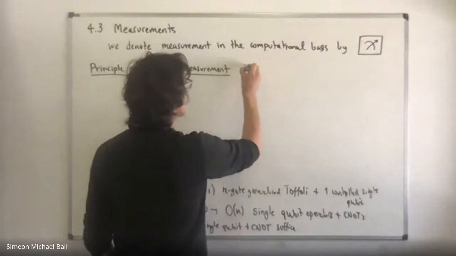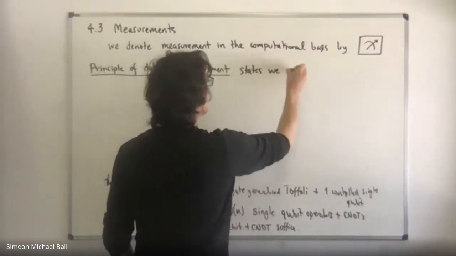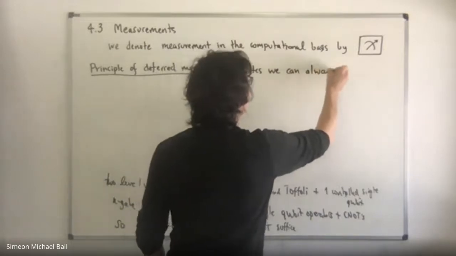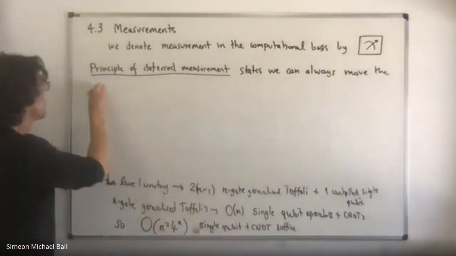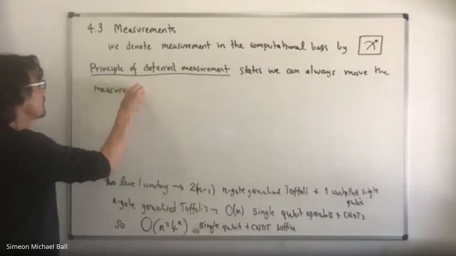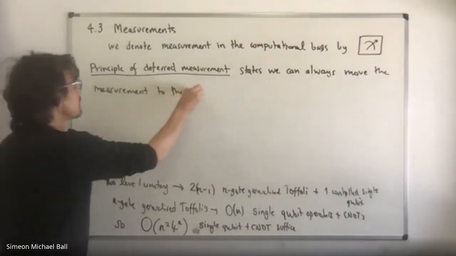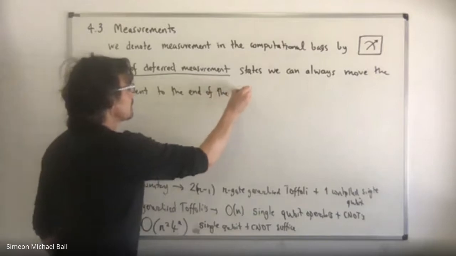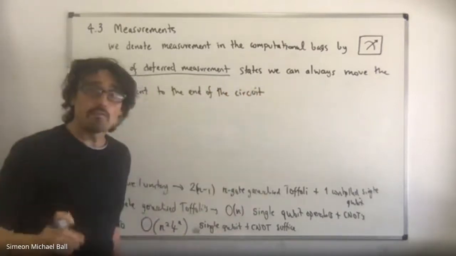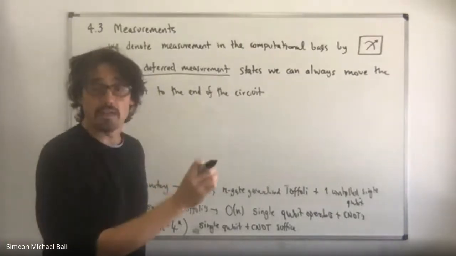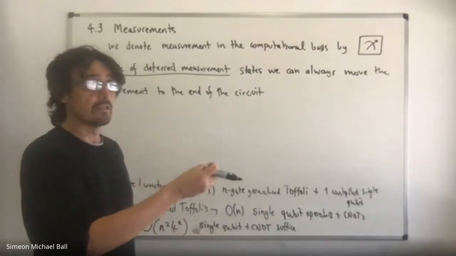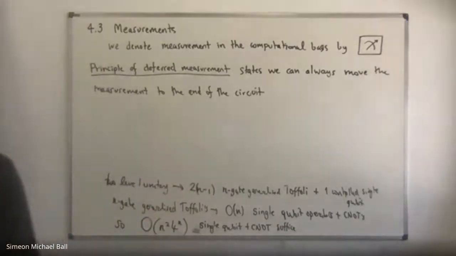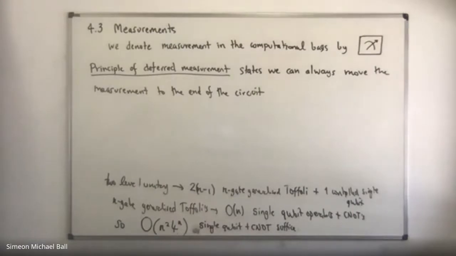So we can always move the measurement to the end of the circuit, and if we've measured earlier on and used that classical information, so when we measure we get a concrete bit, and if we then used it, that can be replaced by a quantum control operation.